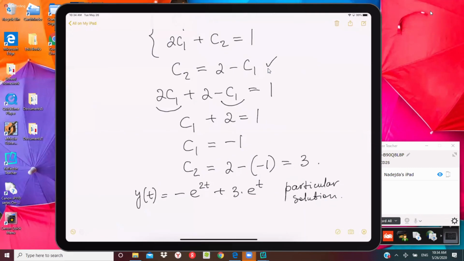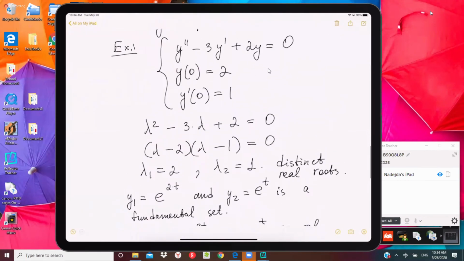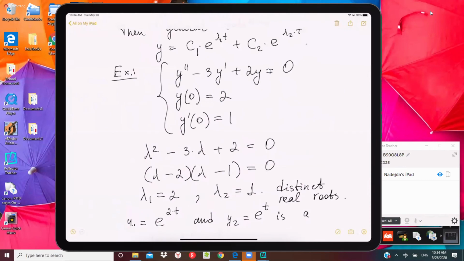All right, do you have any questions? So this function satisfies the initial value problem, right? The entire initial value problem up here. Any questions?